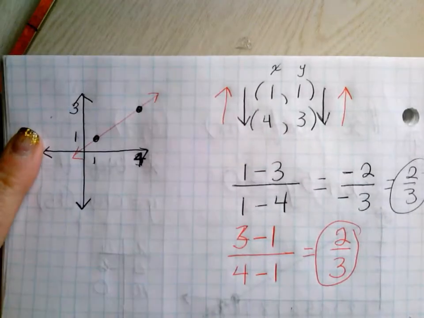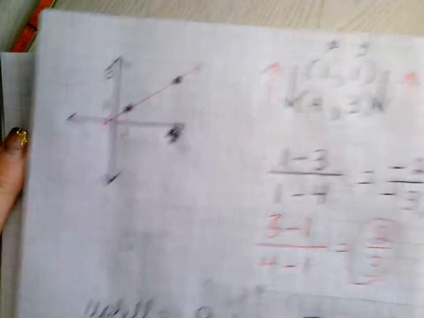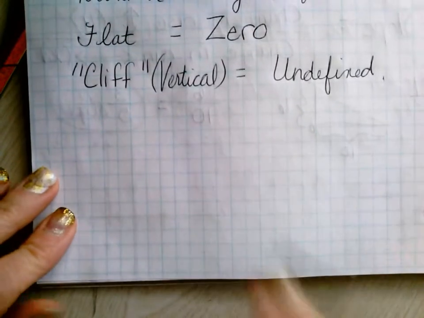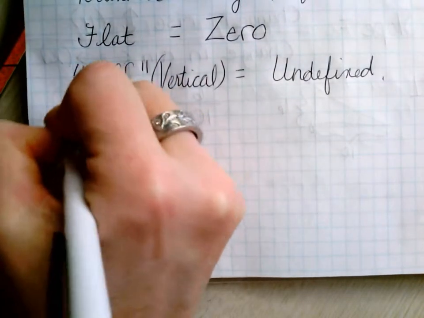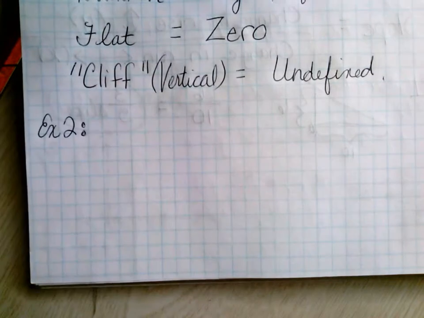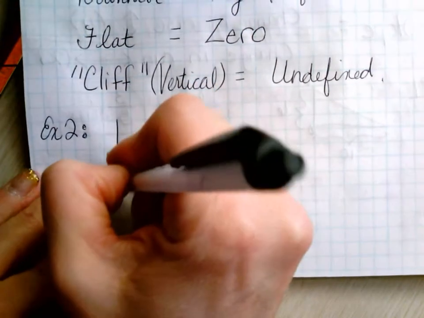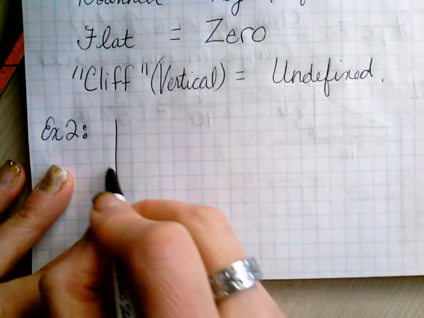Example 2. Just like what I did up here, this is one version. We're going to do a couple more. Example 2: find the slope of the line shown. And we have a line that has the points (1, 2) and (4, 5).